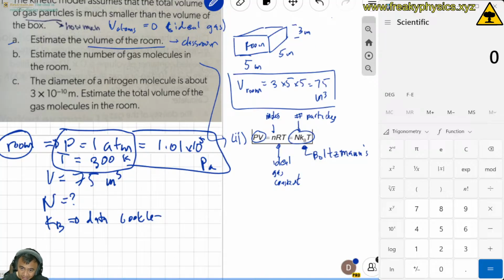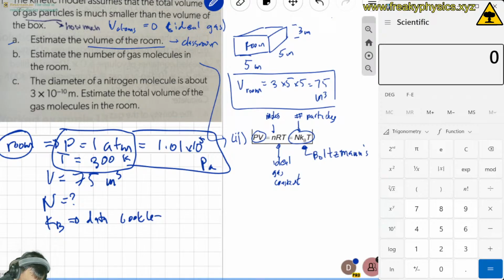So let's just calculate that briefly here. What do we get? N should be PV divided by KBT, right? So P is 101,000, volume is 75. Then divide that by the temperature, which is 300.